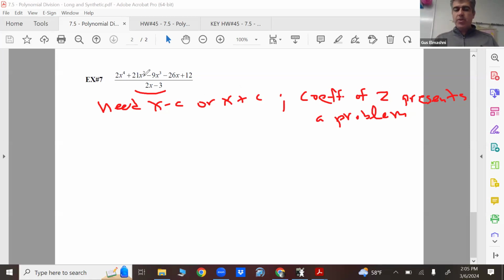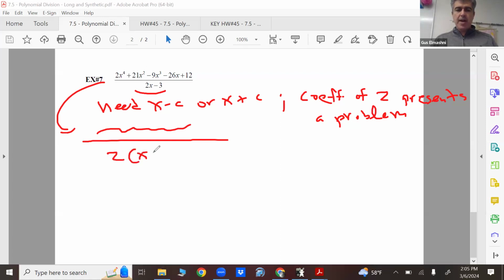What you do is you force the issue by forcing a 2 out of there. I'm getting kind of lazy because I don't want to rewrite the top, but you force that 2 out of there. When you force it out, you get that. So what you're going to do is a synthetic division like this.